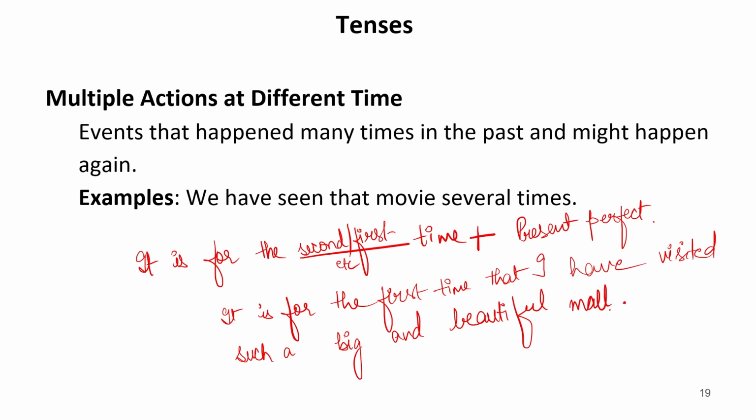So, these types of sentences are also written in present perfect tense.